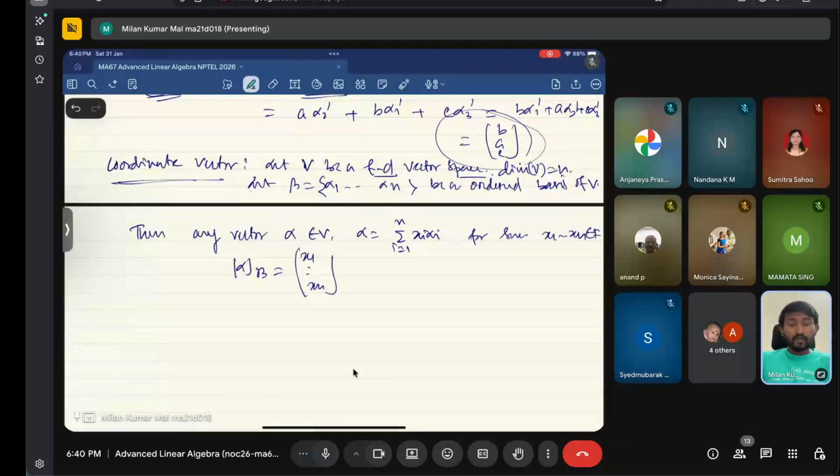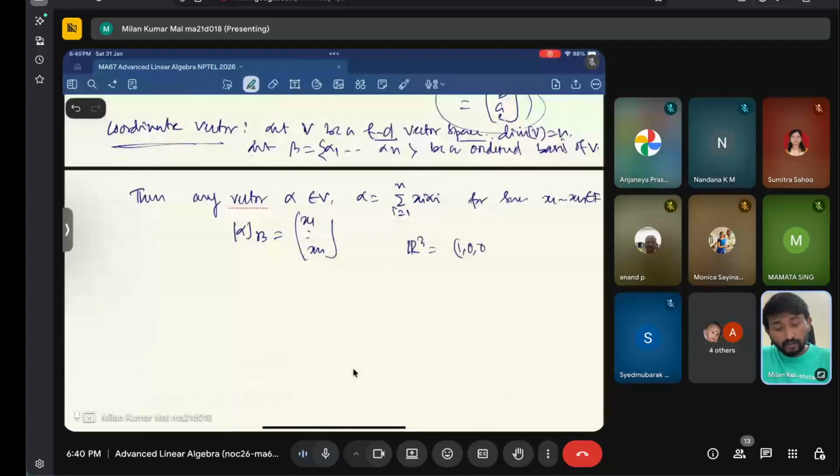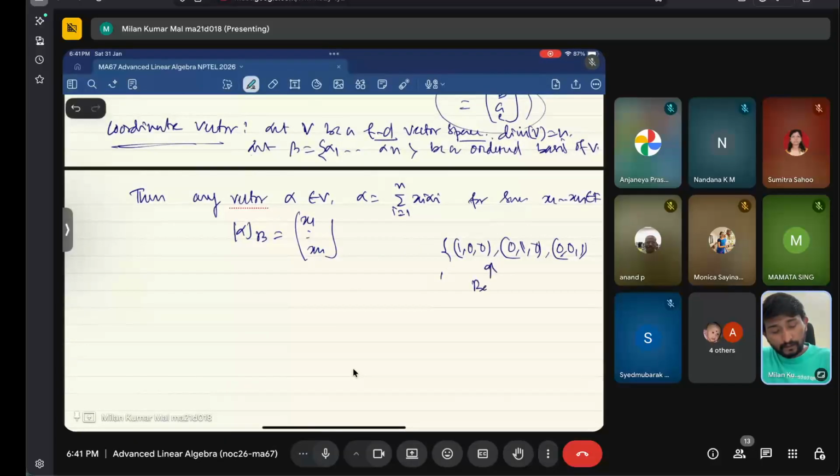Okay. And if I recall the previous fact, when I am saying R3 and 1, 0, 0, if you take this basis of R3, and in that case you take ABC, then the coordinate vector is actually ABC.